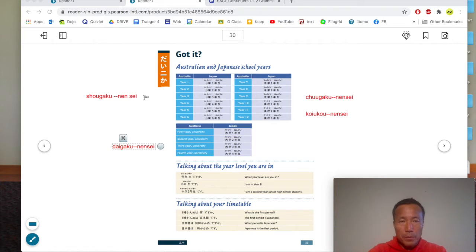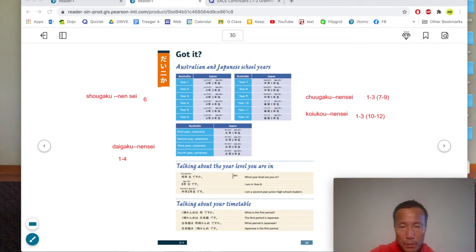Now, I also need to point out that in Japan, elementary school goes to year 6, and then middle school, 中学, goes from 1 to 3. So if you add up, that's more like the Australian system, 7 to 9. And then 高校 goes back to 1年生、2年生、3年生, but that's more like 10 to 12. That's the finish of high school. And then 大学, that's 1 to 4. So that's how it goes.